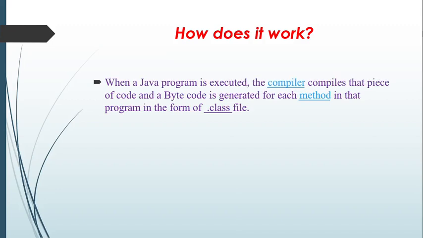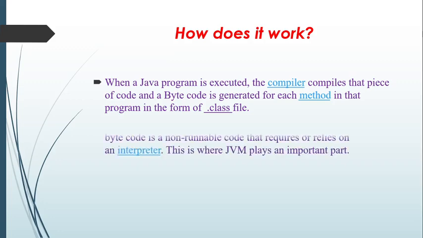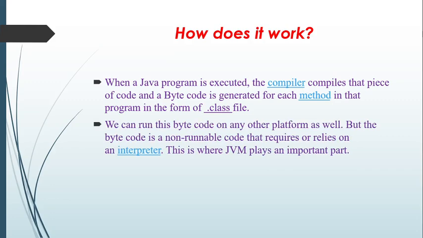So, how does it work? When a Java program is executed, the compiler compiles that piece of code and a bytecode is generated for each method in the program in the form of a .class file. We can run this bytecode on any platform, but the bytecode is a non-runnable code that relies on an interpreter.